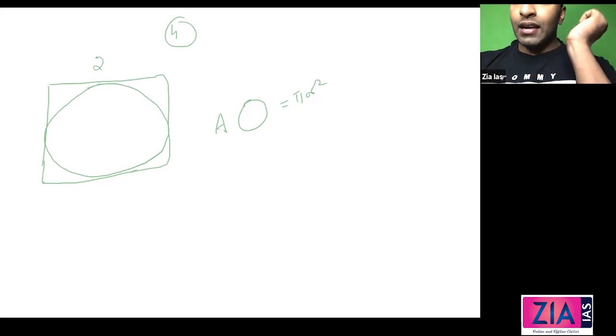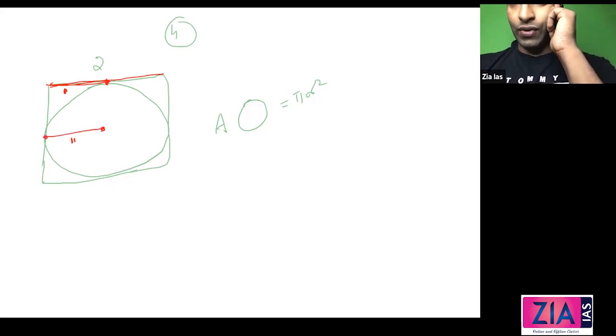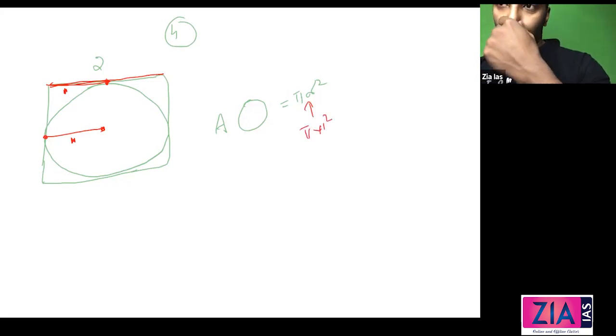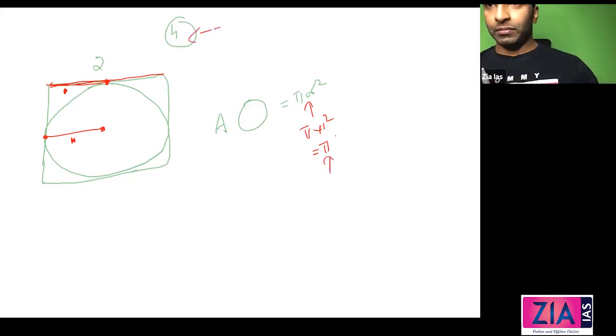This portion will be 1. That is nothing but the radius. So what is the radius? Radius is 1. Now if you put pi r square, pi into 1 square, what is that? Pi. That's what I've told you. Outer area is 4, area of circle will be pi. Okay, that's going to help you a lot.